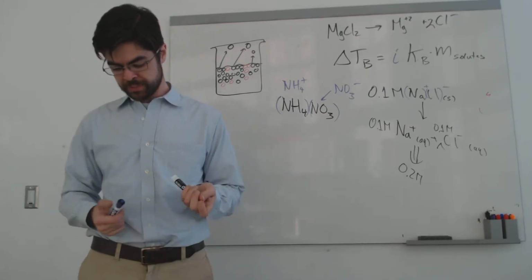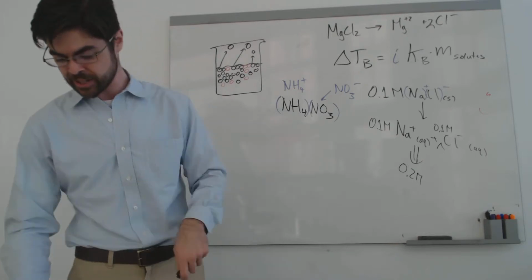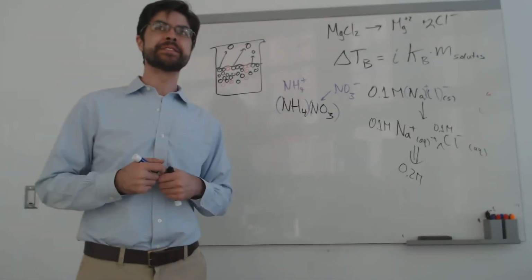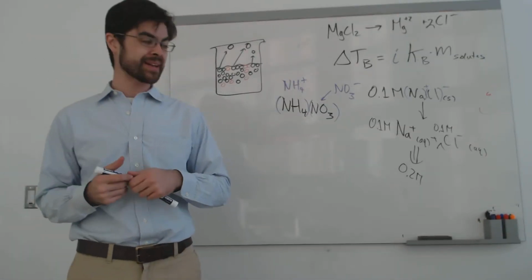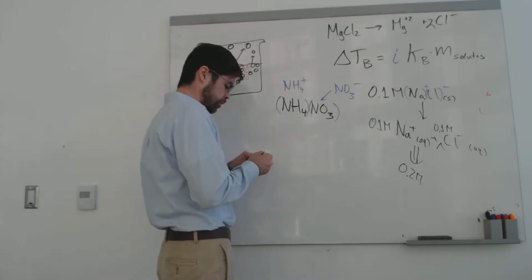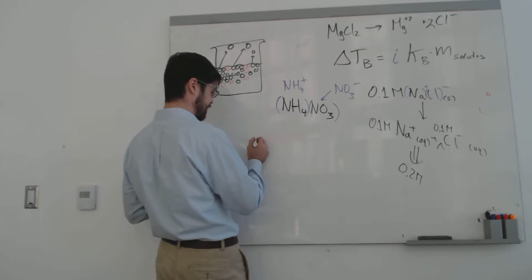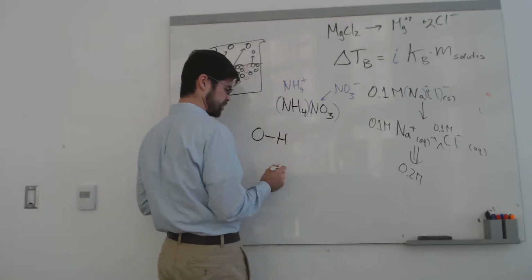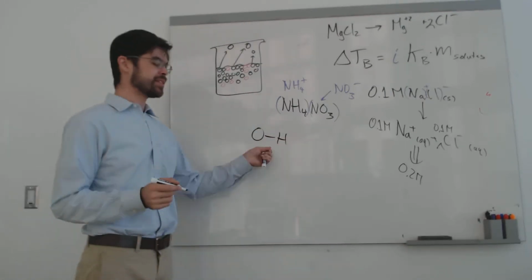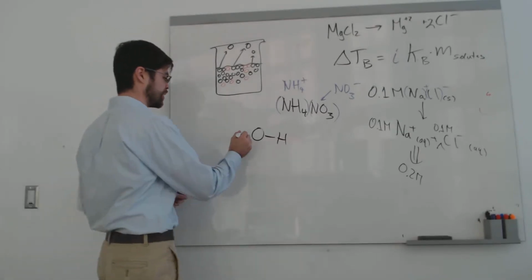How can you recognize when something has hydrogen bonding? That also can usually be easy to spot. Hydrogen bonding occurs whenever a molecule has any of the types of bonds I'll list here. If it has an oxygen-hydrogen bond, that's capable of hydrogen bonding.